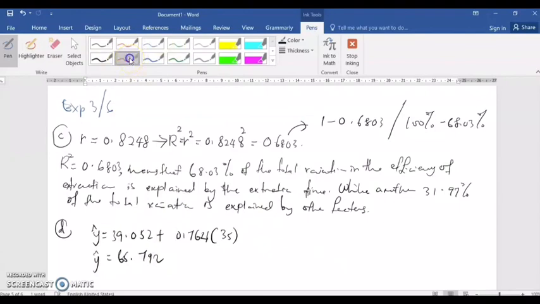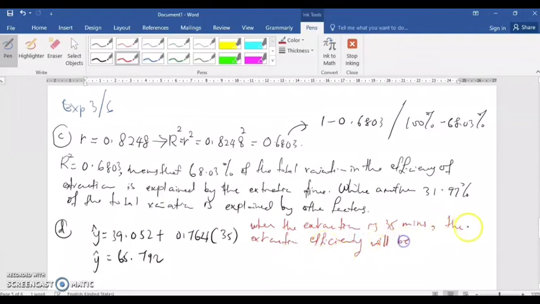Okay, so in terms of explanation you can say when the extraction time is 35 minutes, the extraction efficiency will be, or the point estimate of the extraction efficiency will be 65.792.